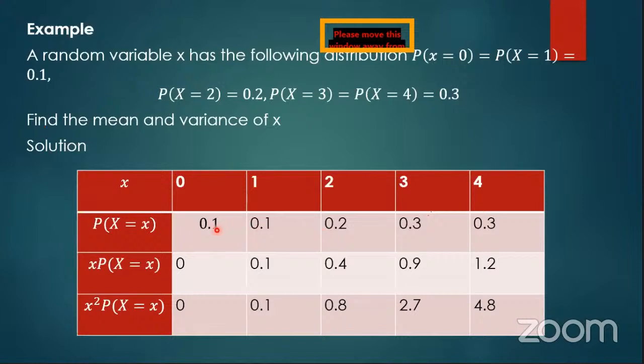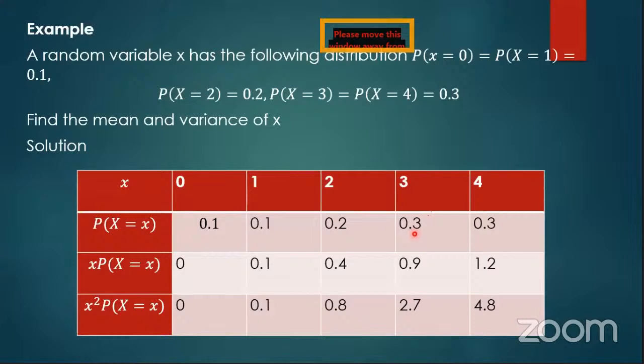So 0.1 plus 0.1 gives us? 0.2. 0.2 plus 0.2? 0.4.